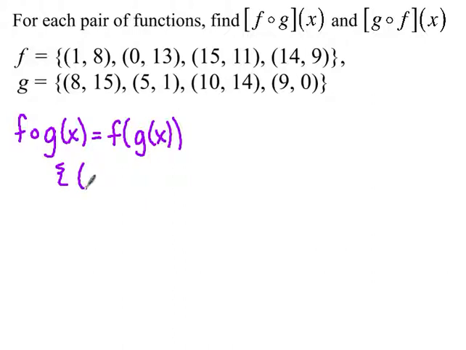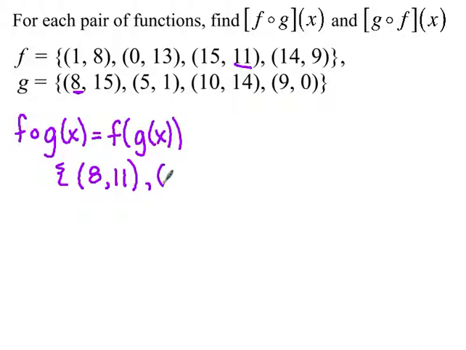And my first ordered pair in the g function is what? 8, 15. So I'm going to take my first point, 8, and I'm going to put it down. Now this is where it gets kind of interesting. Because I go 8 to 15, right? I'm going to now go up to the f function, and where do you see 15? What is it with? 11. So my ordered pair, when I compose them, is 8, 11.